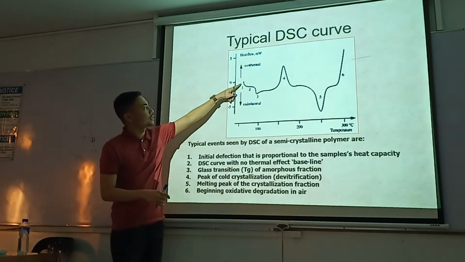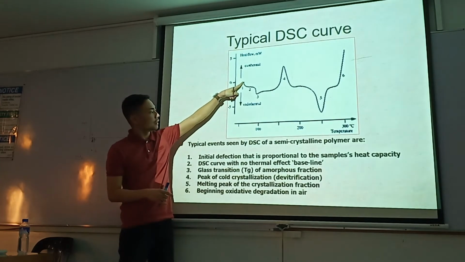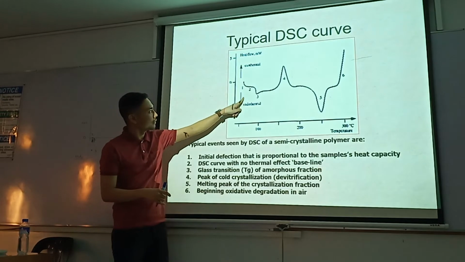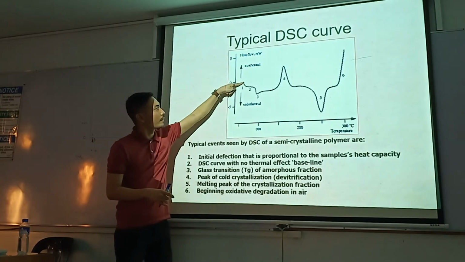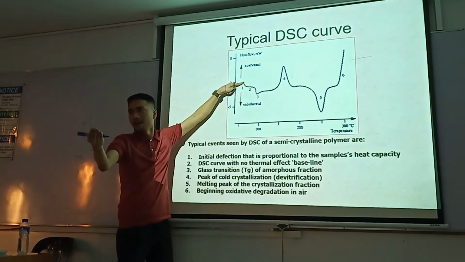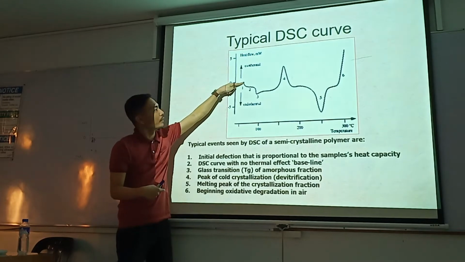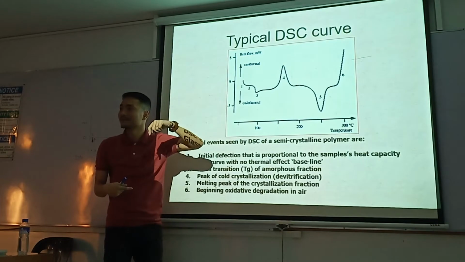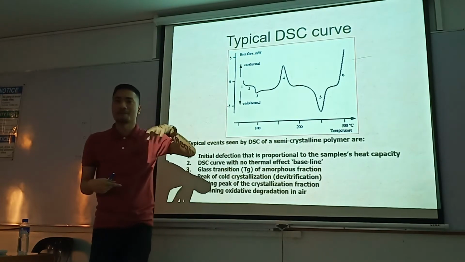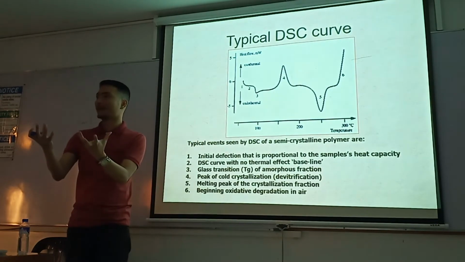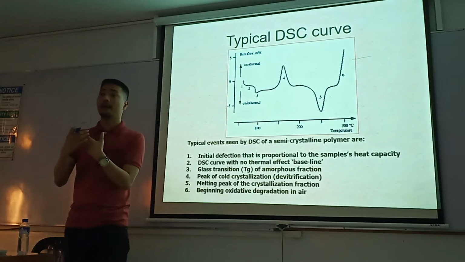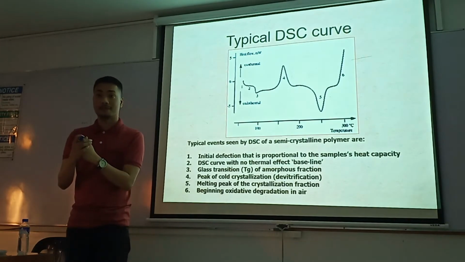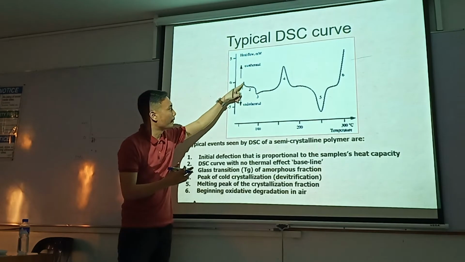As you may notice here, from 0, at that point, that is the starting temperature, you now heat the material in the pan. What happens to the curve? It goes downward. That means that the sample polymer is what? Absorbing heat.